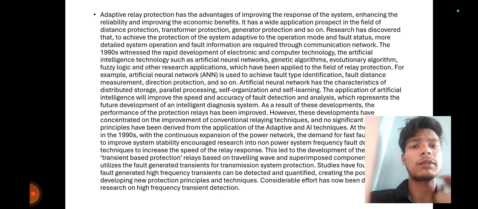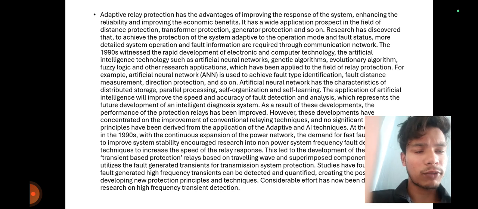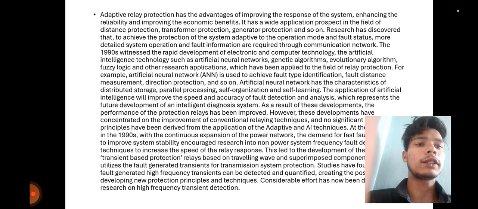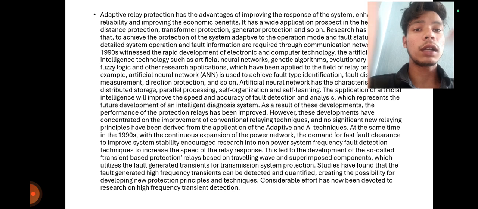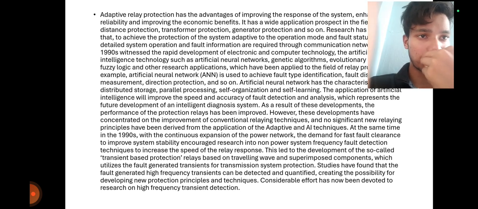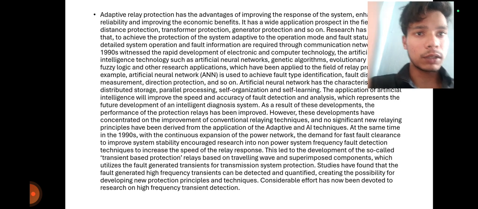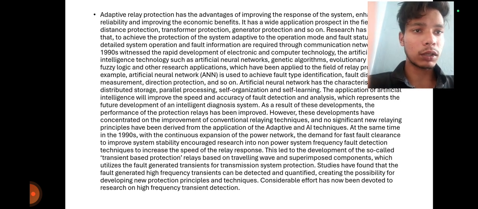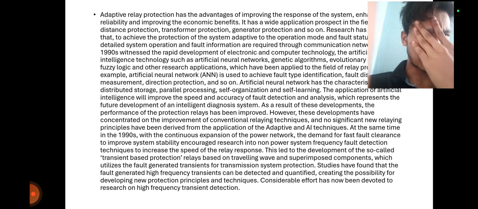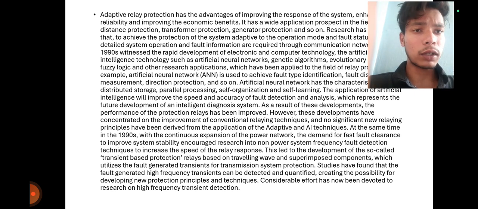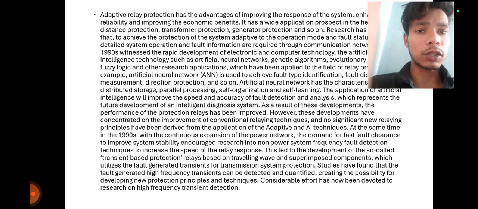However, these developments have concentrated on the improvement of conventional relaying techniques, and significant new relaying principles have been derived from the application of the adaptive and AI techniques. At the same time, in the 1990s, with the continuous expansion of the power network, the demand for fast fault clearance to improve system stability encouraged research into non-power system frequency fault detection techniques to increase the speed of the relay response.